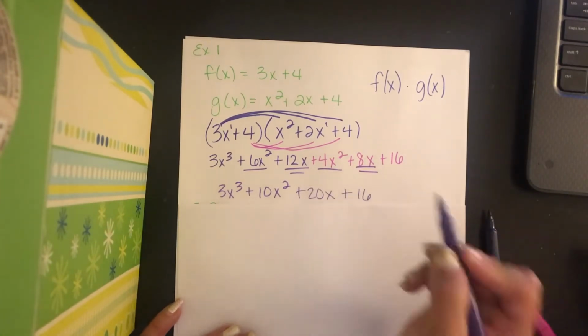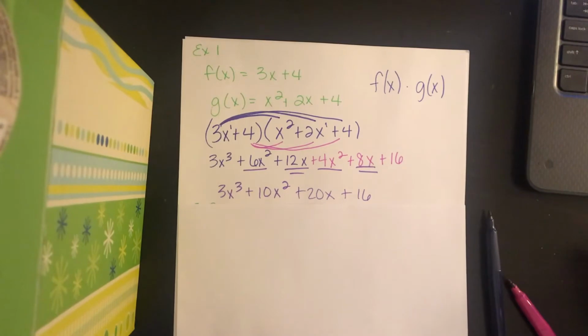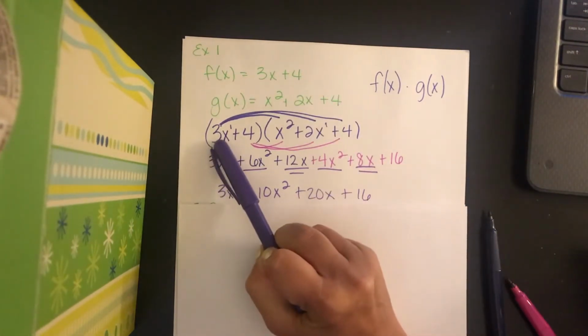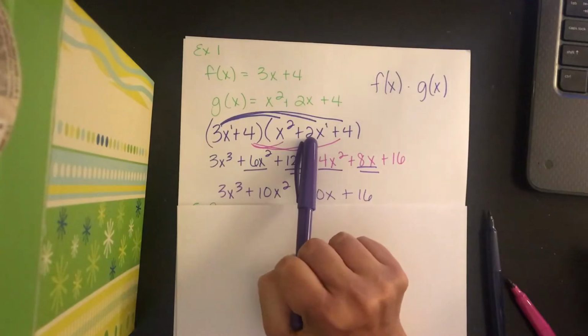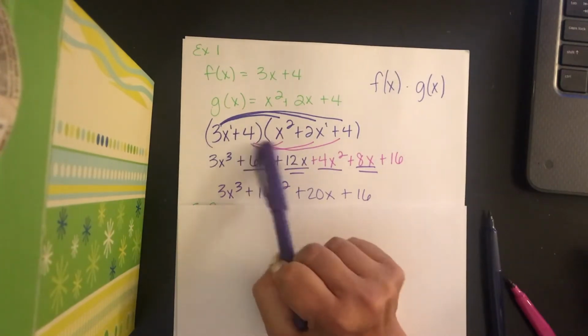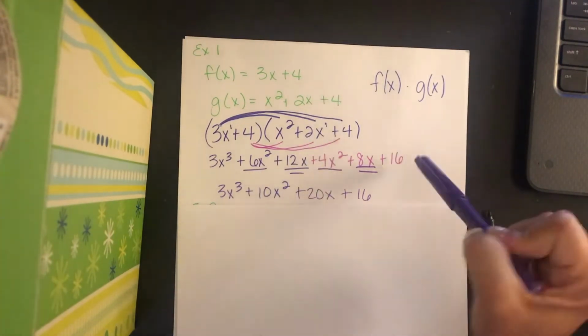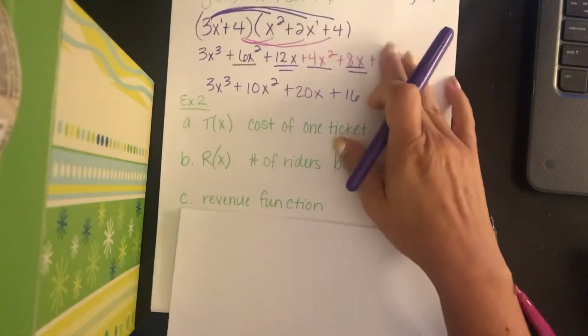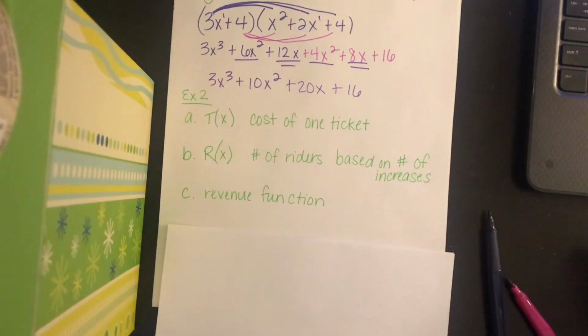And then the 16. So all we did there was multiply the two polynomials, taking the first term, multiplying it to everything in the second set, the second term, multiplying it to everything in the second set, and then combining like terms.